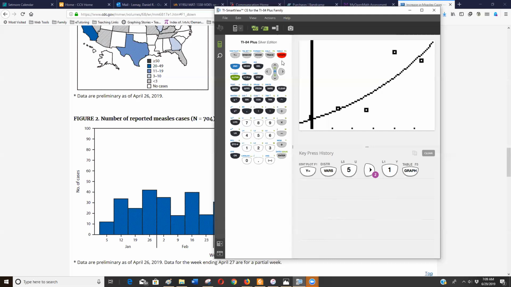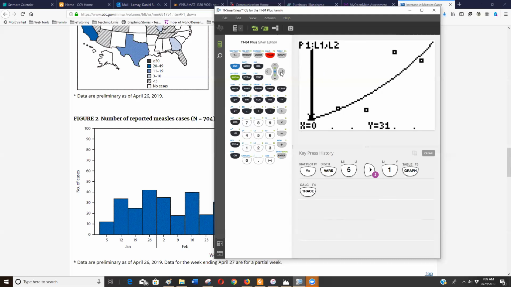Okay, so now what happens if I want to use this regression equation to estimate how many cases there were 10 days into the month? What you can do is press trace. You see how it says P1?